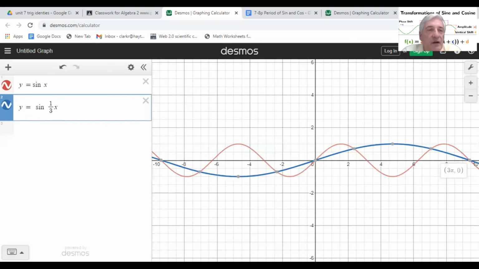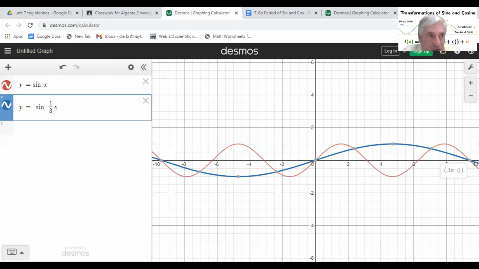That is, our period is 360 divided by 1/3. You invert and multiply. So our new period is 360 times 3. Yes, get it on your calculator.